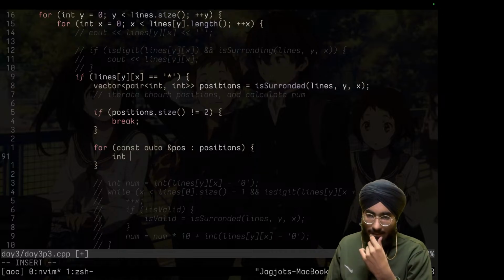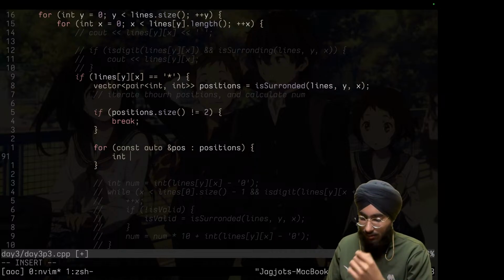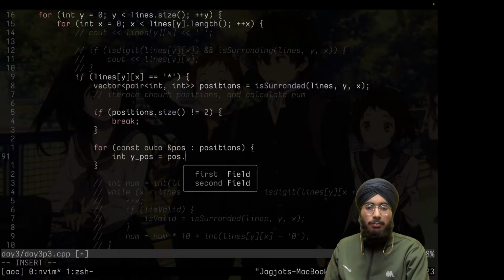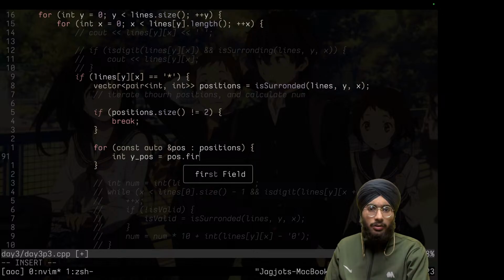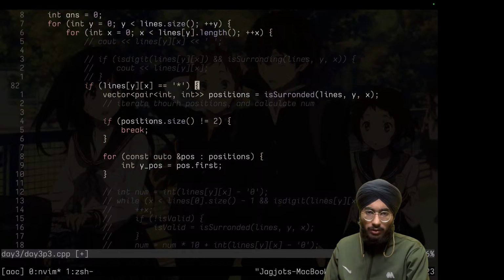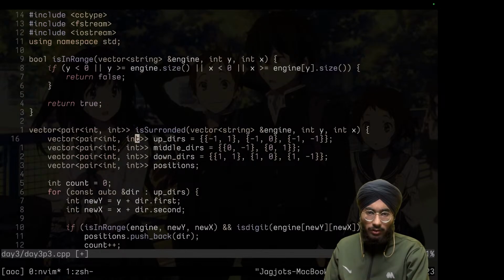Hmm, what should I name this? The y position. Y pos is pos dot first. Is it the first? Y is first. Okay.